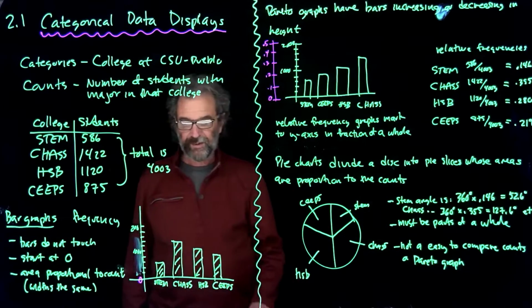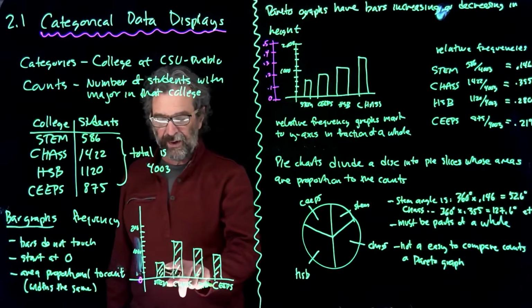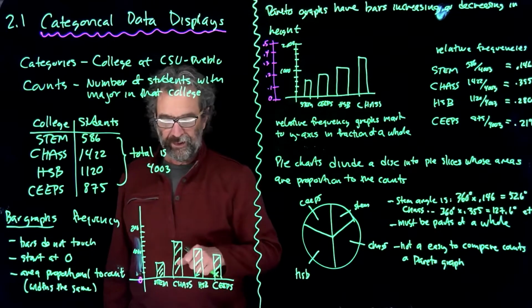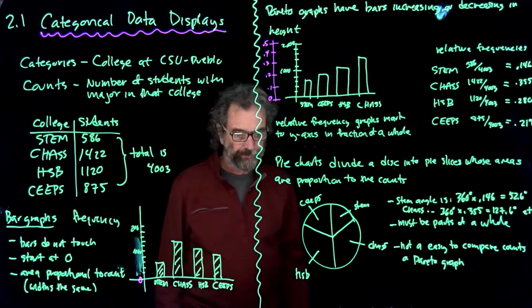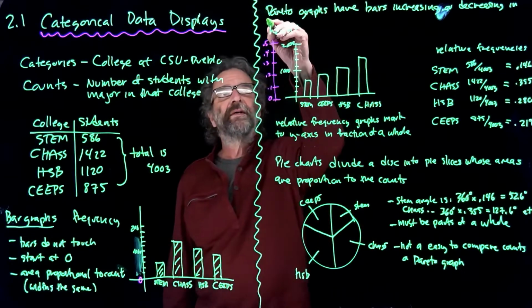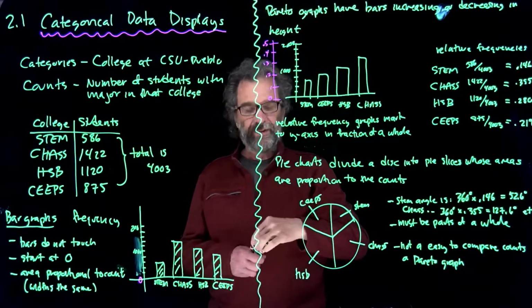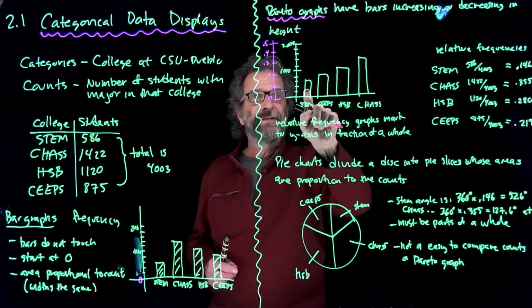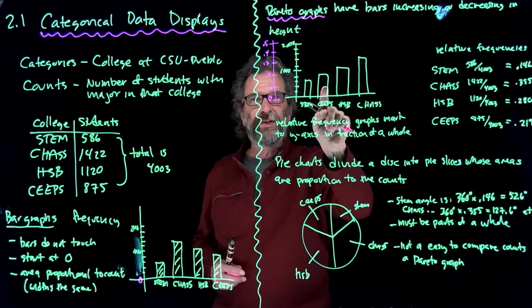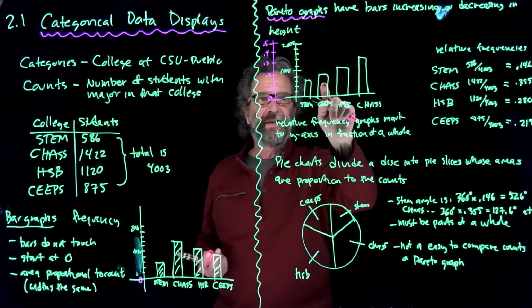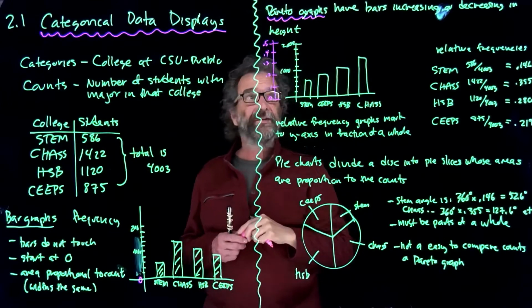Now, it's sometimes a little hard to compare heights of bars. If you have lots of bars, if they're approximately the same height and they're not next to each other, a way to accommodate that is to make what's called a Pareto graph. And what you do there is you put the bars next in increasing or decreasing order. So that makes bars that are about the same size next to each other. And then it's easy to tell which ones are bigger, because they're getting bigger this way as well, even though they're about the same size.